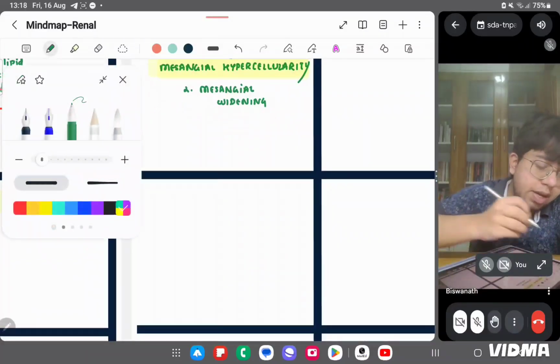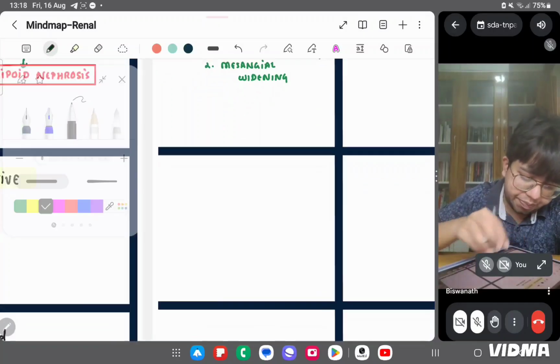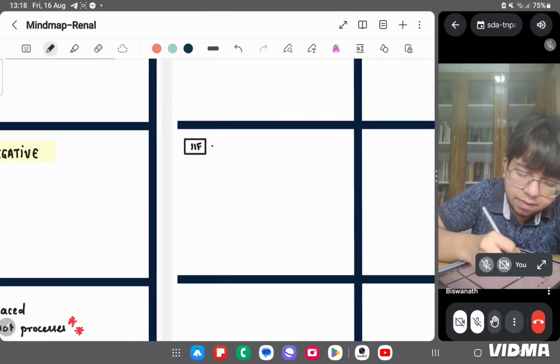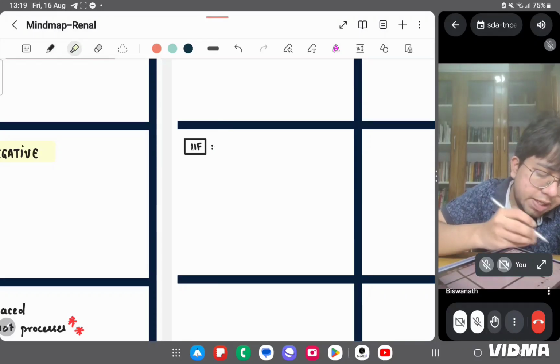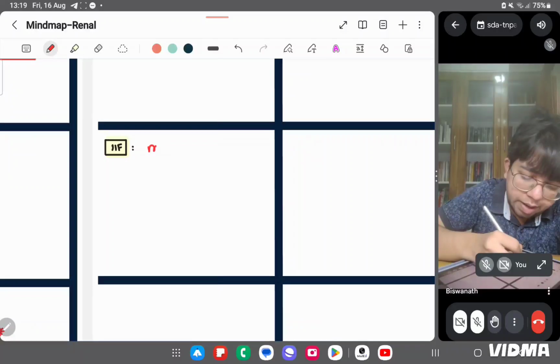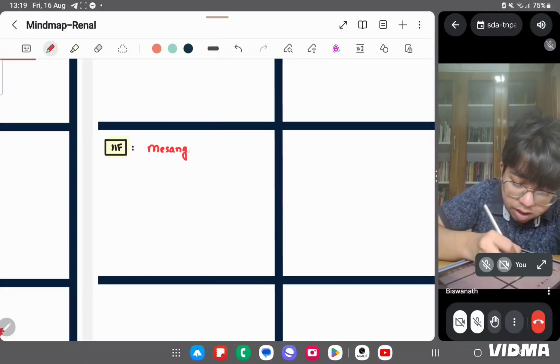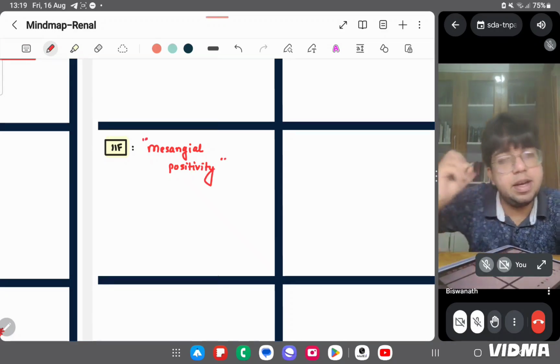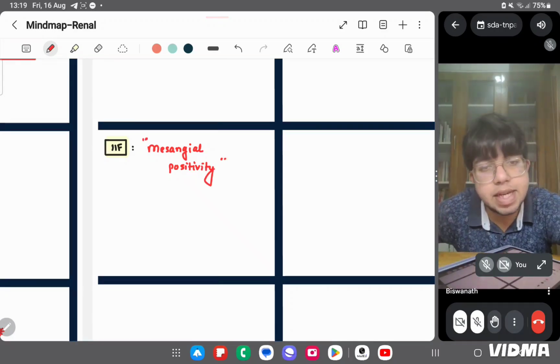IIF was negative in case of minimal change disease, right? And here in the IIF, there will be a mesangial positivity. The characteristic finding is mesangial positivity.